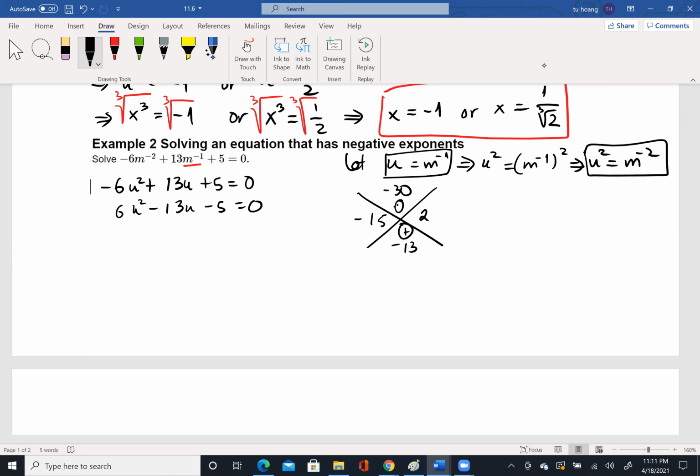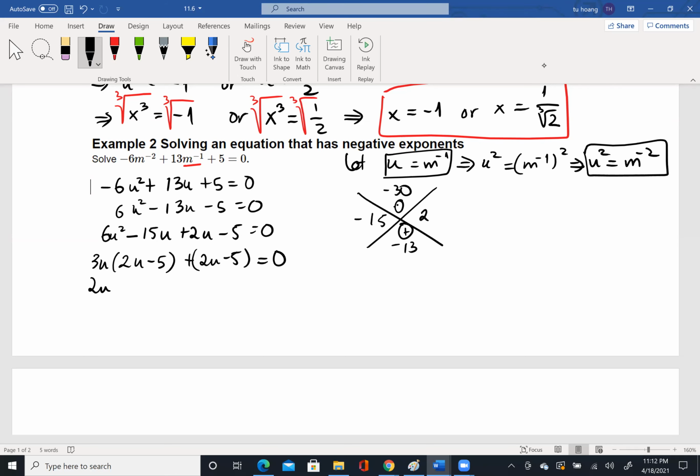So I split the middle term into these numbers: 6u squared minus 15u plus 2u minus 5 equals 0, right? And then factor out 3u for the first two terms, I have 2u minus 5. And then plus 2u minus 5 because I don't want to factor anything from the second term. You can see over here, I have the common factor 2u minus 5.